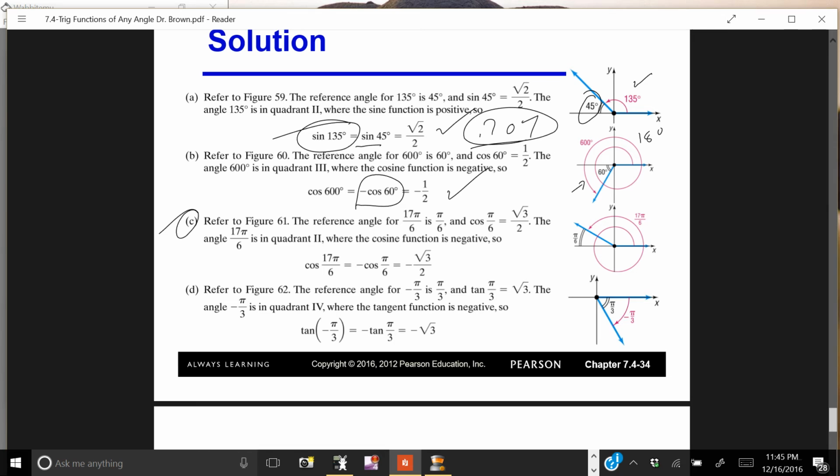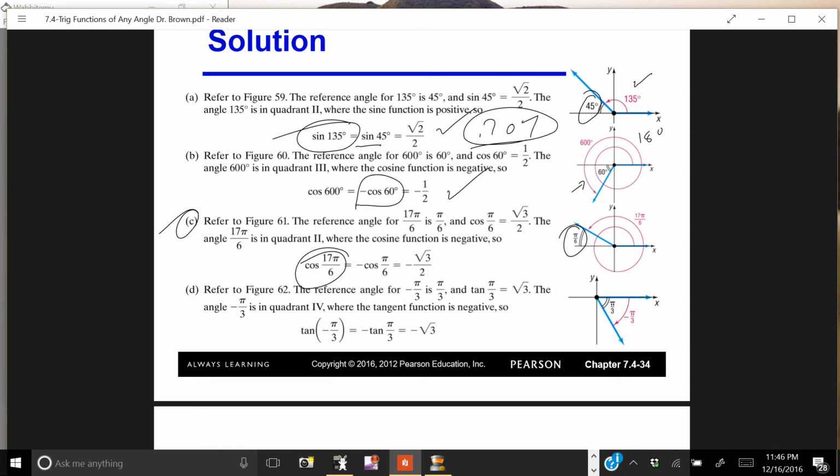Now, example C here, we want to find cosine of 17 pi over 6, which is going around once plus 5 pi over 6, leaving pi over 6 on this side.